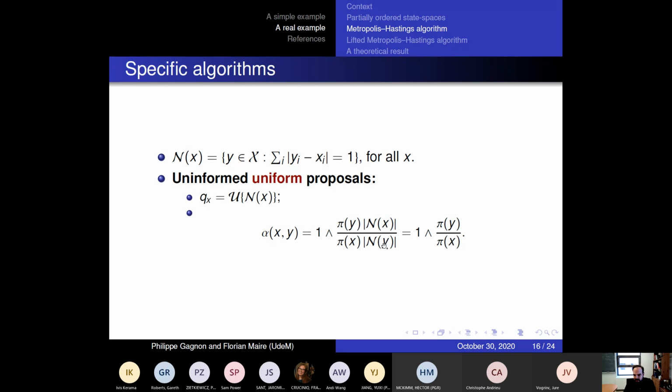So that's why they all have the same size, and it reduces to this. So the acceptance probability is simple, but the sampler can be quite inefficient, okay?